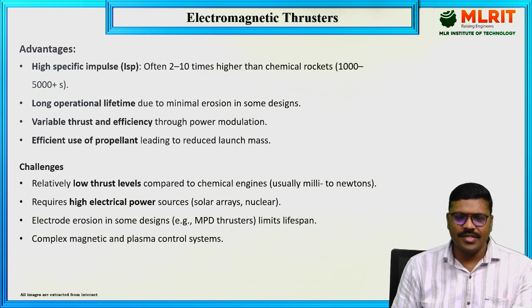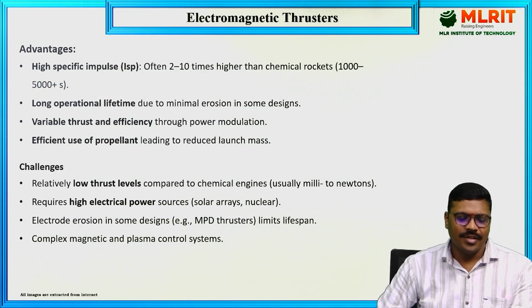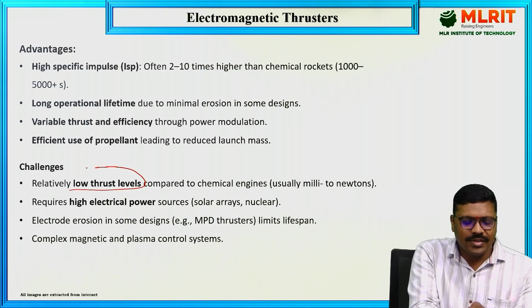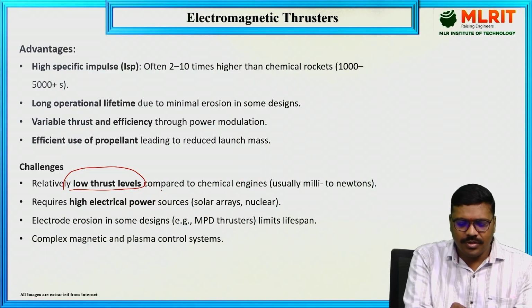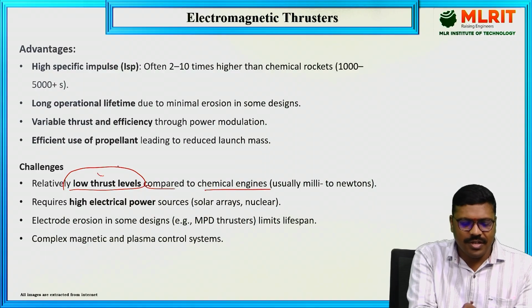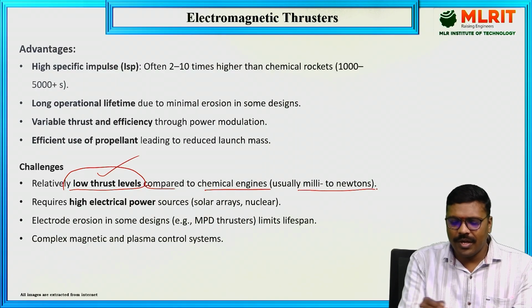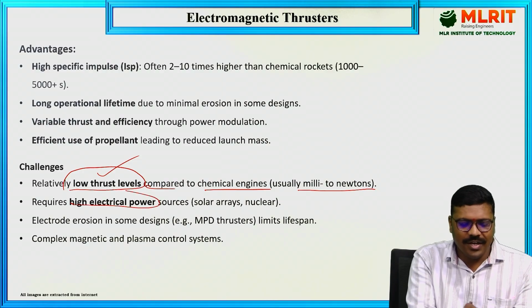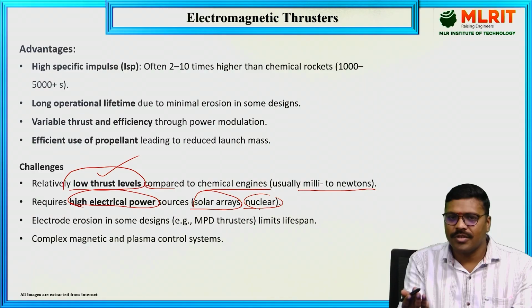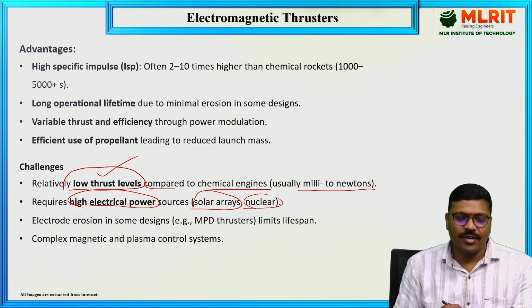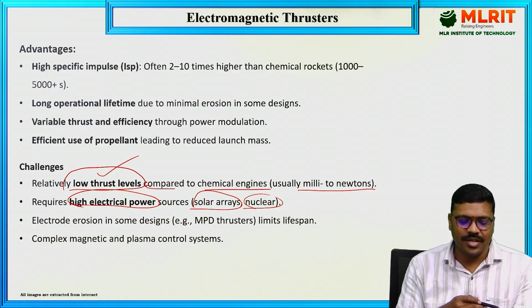Next, the challenges to be faced. Relatively low thrust levels: the thrust generated is very less, so we can use these thrusters for actuation purposes only. Compared to chemical engines, the thrust level is usually like millinewtons. Next, they require high electrical power sources, so we have to provide solar arrays or nuclear sources to run these electric thrusters.